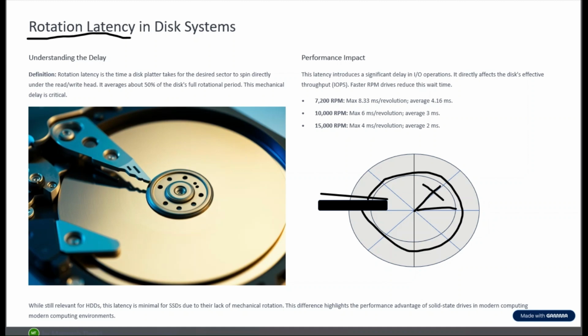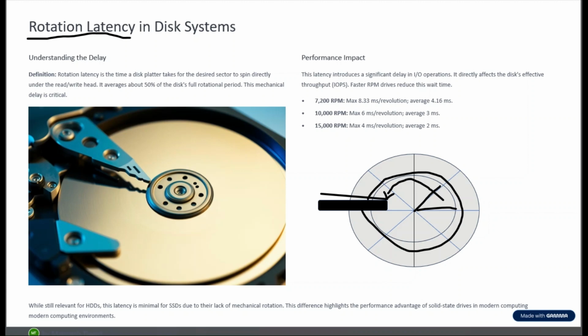The time it would take to rotate this sector directly under the read-write head so that the head could read and write the disk. So the rotational latency's definition goes like the amount of time taken to rotate the track until the read-write head comes to the exact sector.